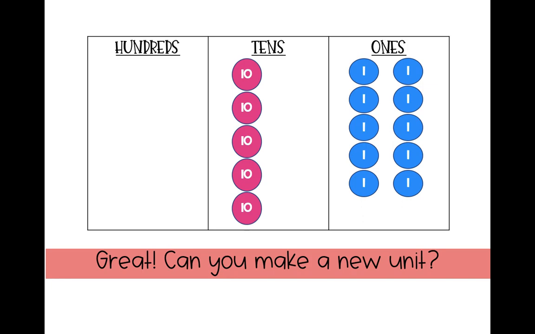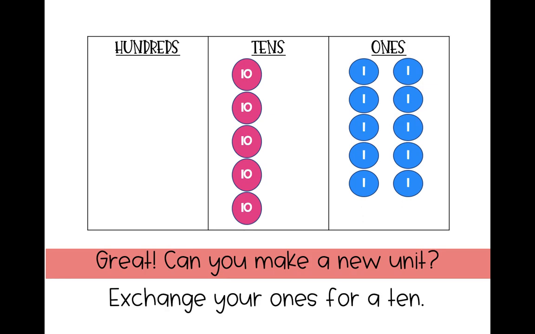Can we make a new unit? Take a look at our ones place. How many ones do we have? We have 10 ones, which means what new unit can we make? We can make a 10. So let's exchange our ones for a 10.